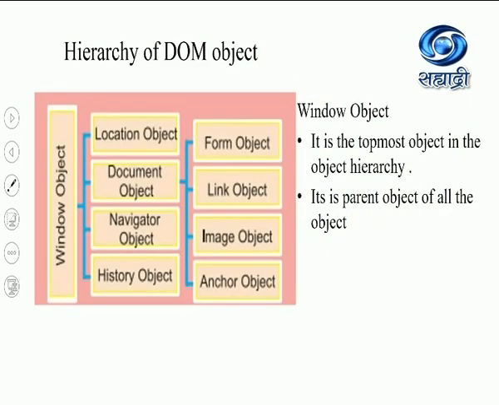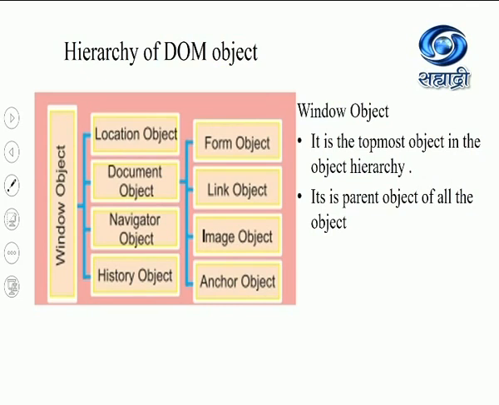Students, this is the hierarchy of the document object model. You may observe on your screen the hierarchy which is given in your textbook. The same diagram is here. In this hierarchy, window is the topmost object. Under window you will find four objects mentioned in your textbook: location, document, navigator object and history object.